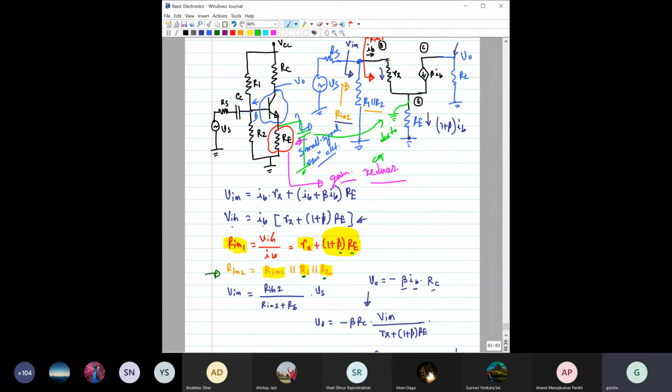Due to capacitors, this would be grounded. Then this effect of RE would not be there. So your entire analysis would be similar to the previous analysis, right? That way you can remove it, or you can actually do an improvement on the small signal gain.